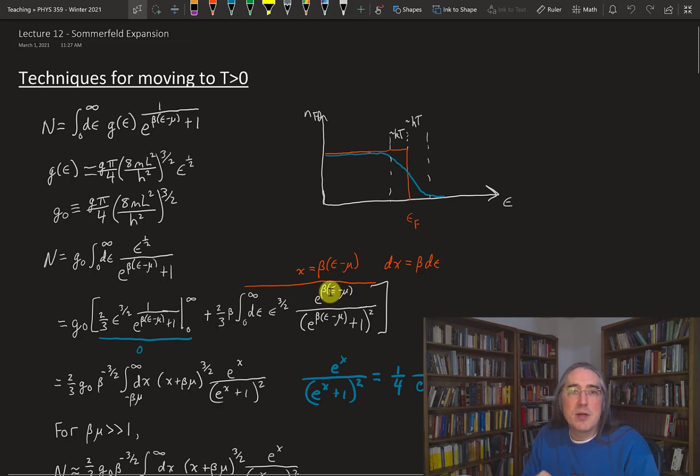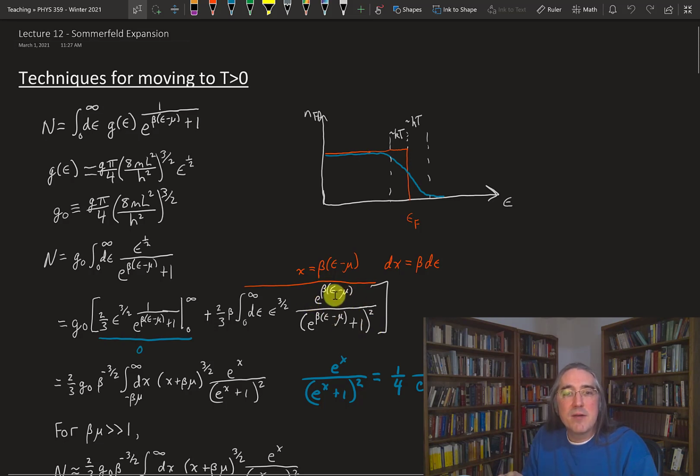And since we're trying to make a low temperature approximation, that's going to be very close to epsilon equals mu. I should say even more carefully, epsilon equals mu is going to be the peak of this thing at non-zero temperatures as well. Mu is going to move around. Epsilon minus mu is where this whole thing will be. Epsilon minus mu equals 0 is where this whole thing is maximized.